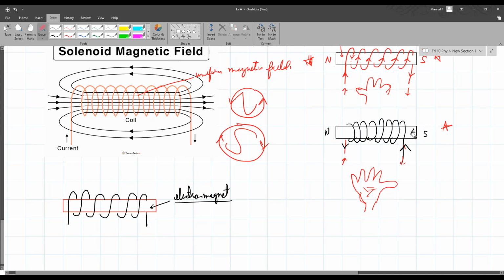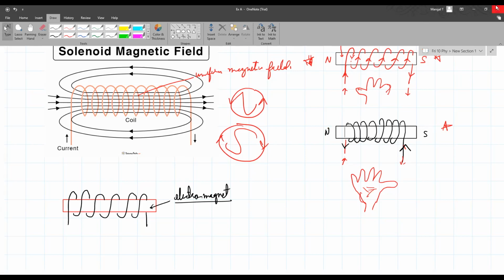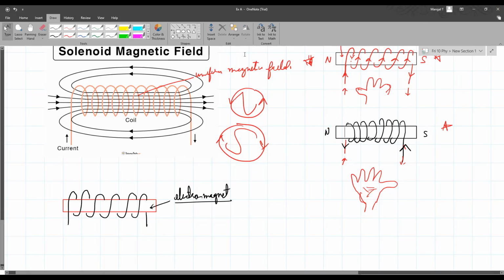So to increase the strength of the electromagnet, you can increase the number of turns of the wire, or increase the current in the wire. Also, when you turn off the current, it will stop being a magnet.